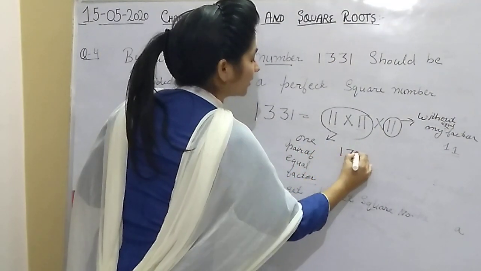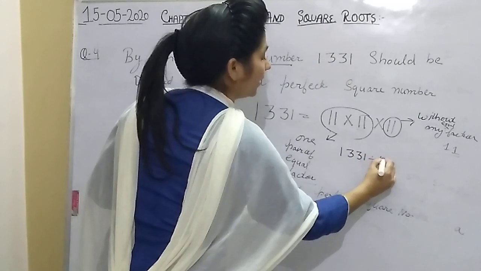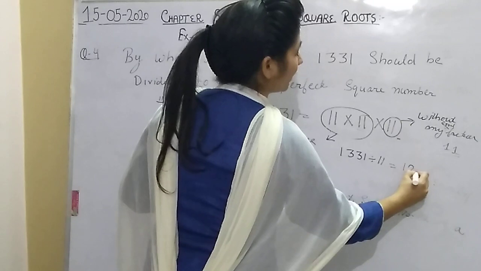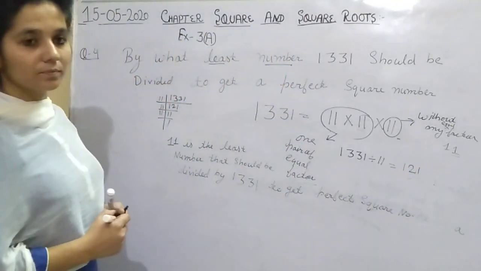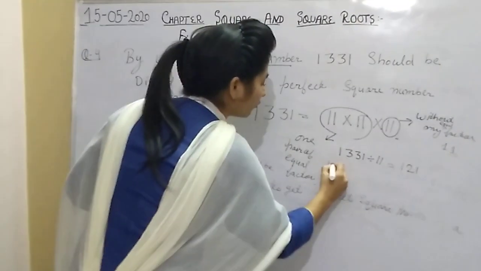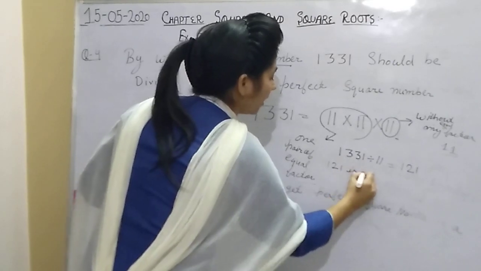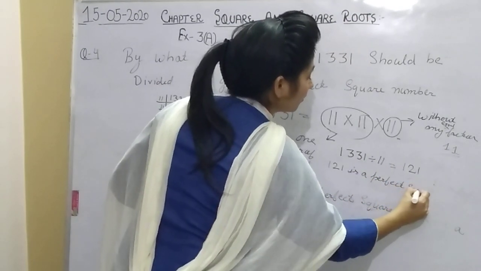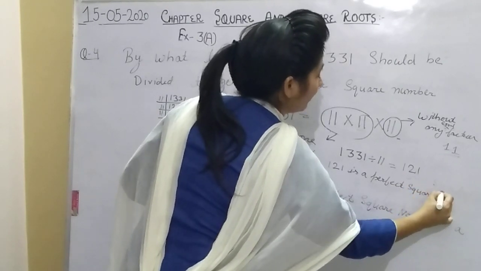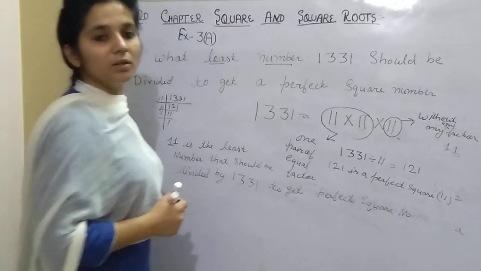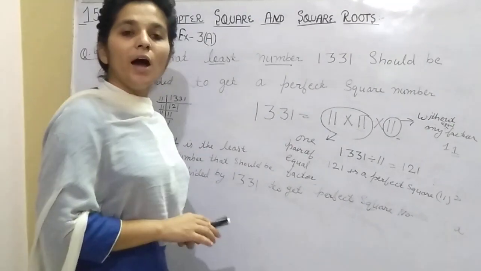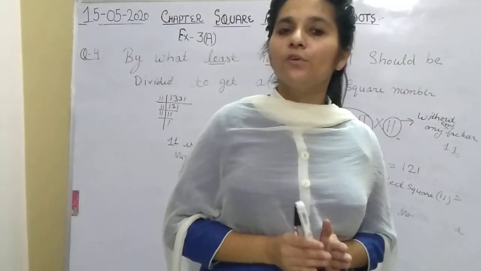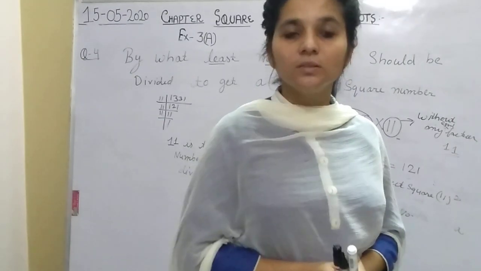When 1331 is divided by 11, we get 121. And 121 is a perfect square of 11 square. I hope students you have understood these three questions and you will practice these three questions in your fair notebook.